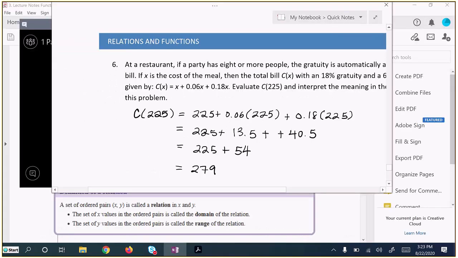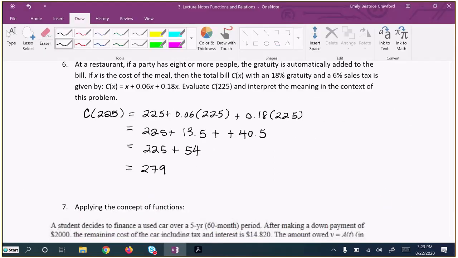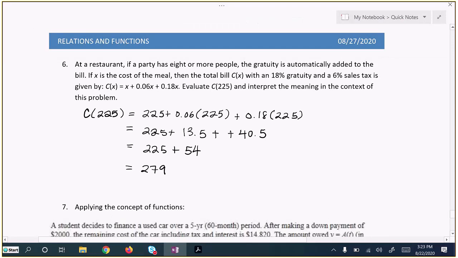The second part of the question asks us to interpret the meaning of this in the context of the problem. So they told us that C of x was a function of the cost of the meal. So the total bill, you not only pay for your meal, but you pay your tip and you pay taxes.